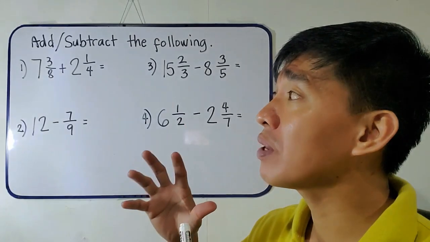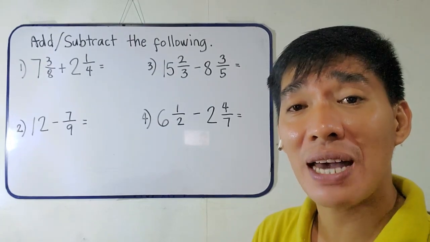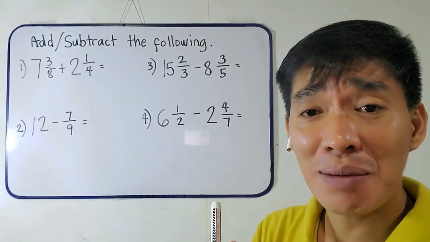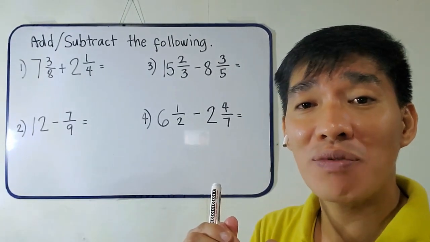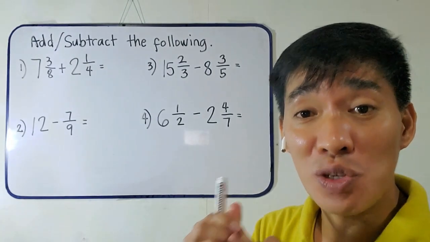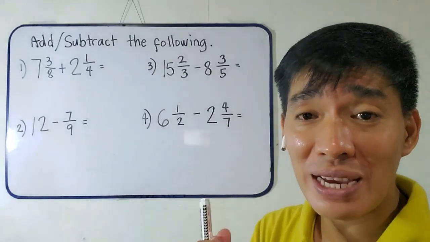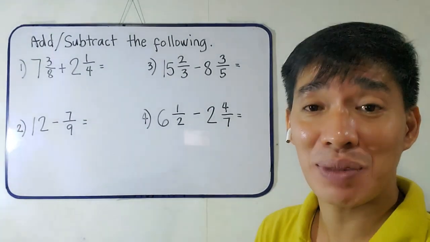If we are dealing with fractions, remember the first step: copy the common denominator. However, if the denominators are not the same, then you look for their LCM. The second step is to add the numerators. Then after adding them, you have to express your fraction in the simplest form.